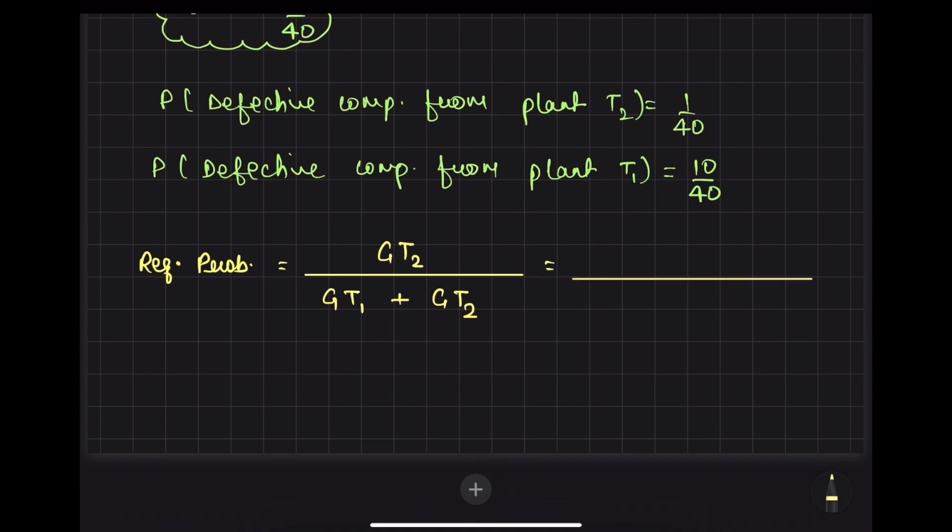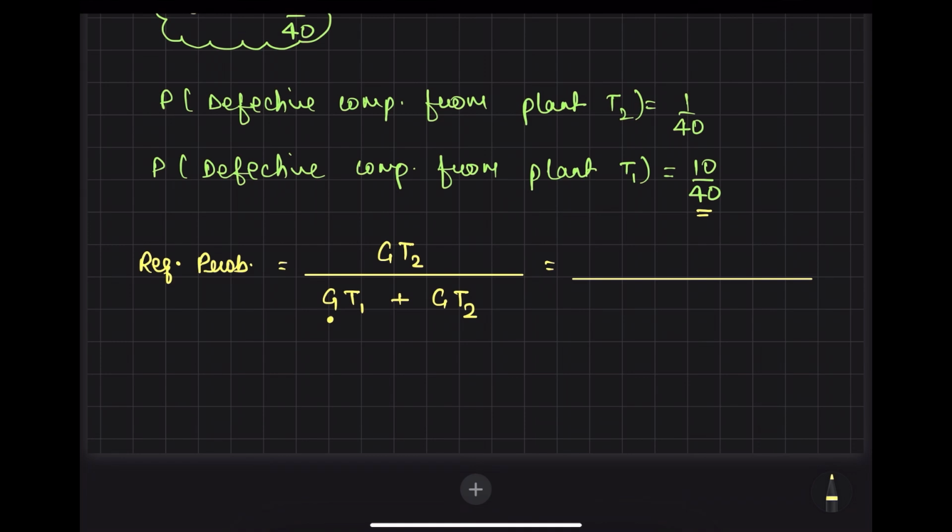Now try to understand that you have to select a good computer from plant T1. The probability of a defective computer from plant T1 is 10 by 40.